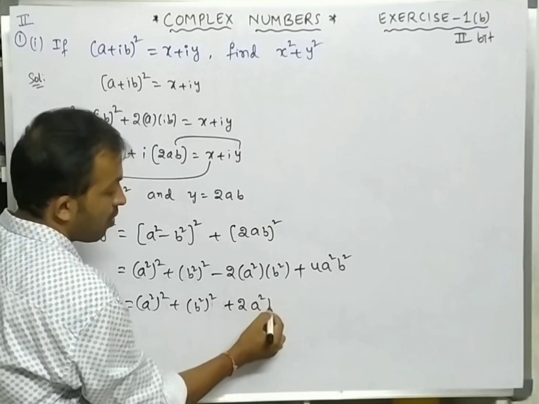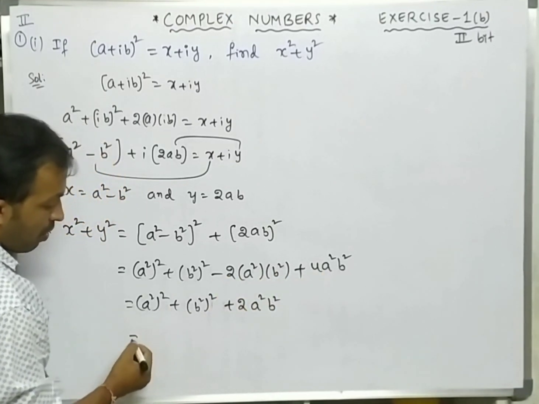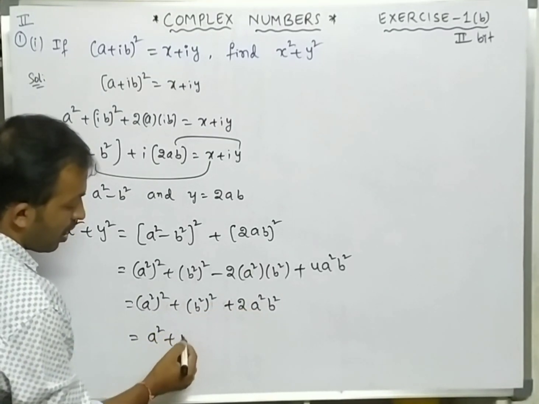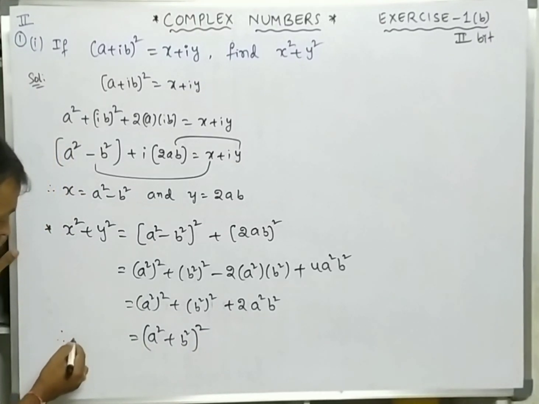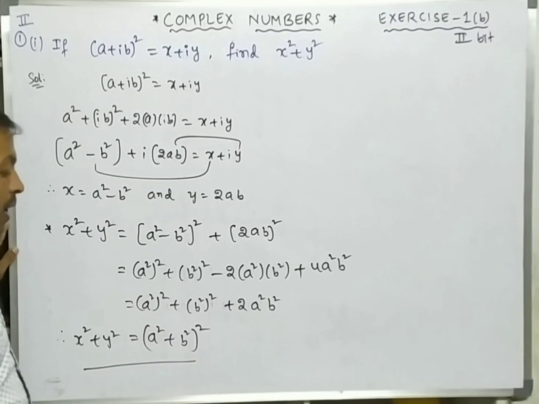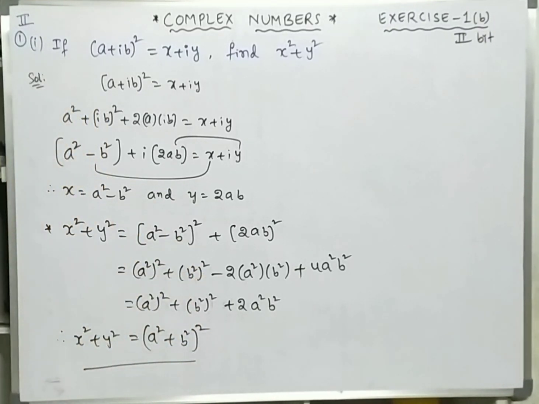Minus 2 plus 4 becomes plus 2, so this is of the form a square plus b square plus 2ab square, which gives (a square plus b square) whole square. Therefore the value of x square plus y square is (a square plus b square) whole square.